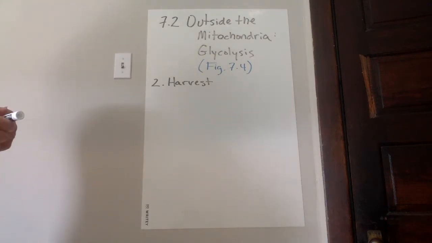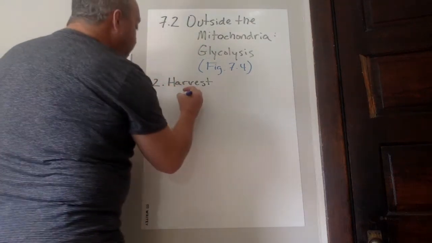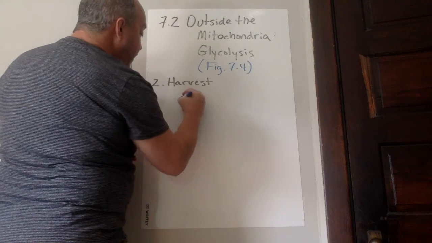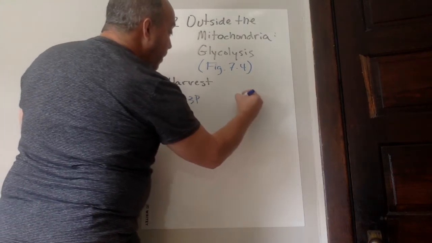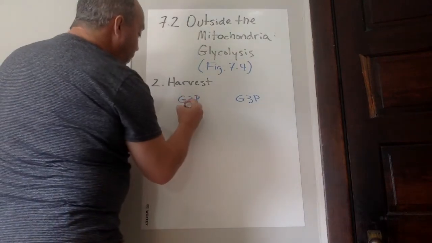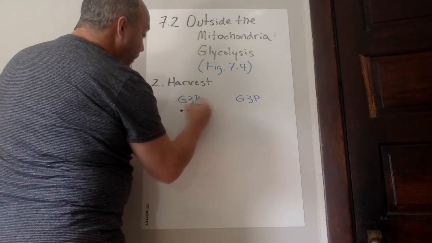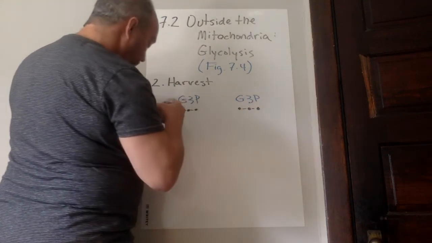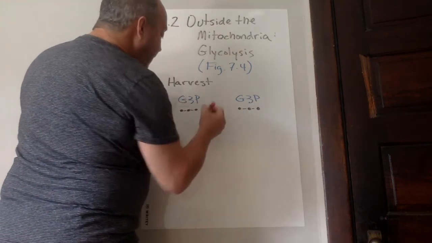So we're going to start with those same G3P molecules. So here's one of those G3Ps. Here is the second G3P. And remember, this is a 3-carbon molecule. This one is also a 3-carbon molecule. And they have energy from phosphorus.